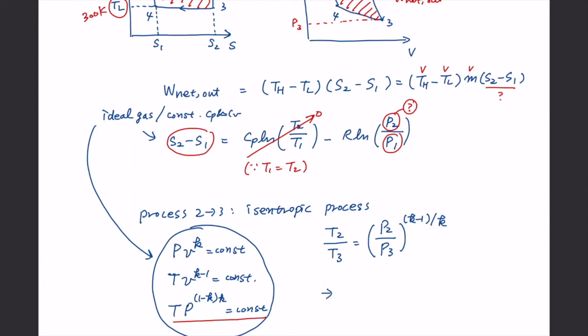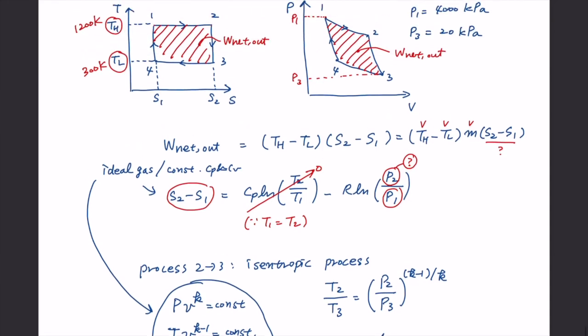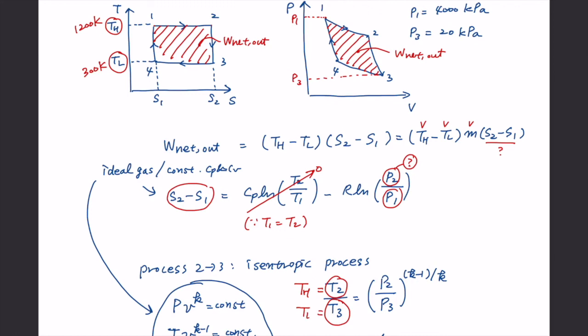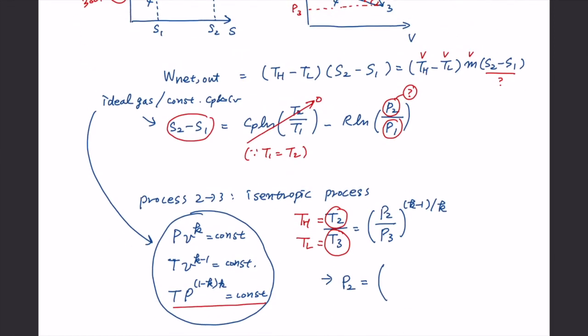So from this relation, what we want is P2. Now T2 is TH and T3 is TL. So what we have is TH divided by TL to the power k over k minus 1 times P3.